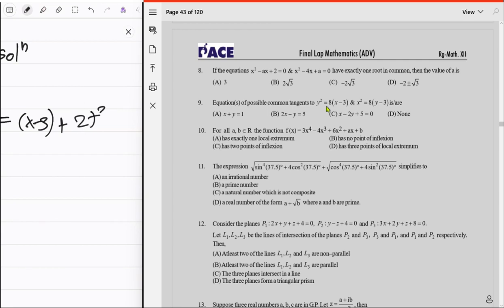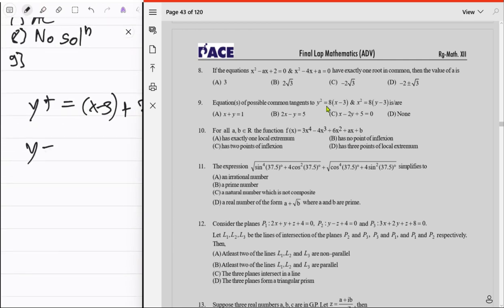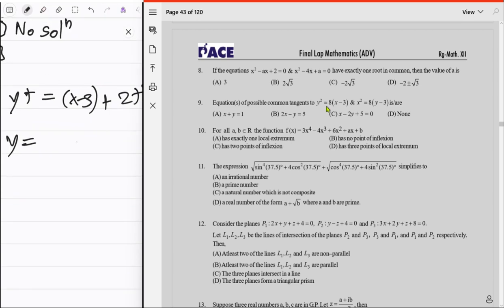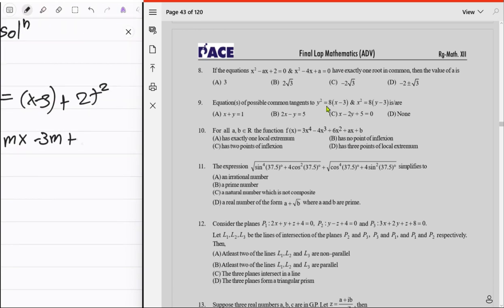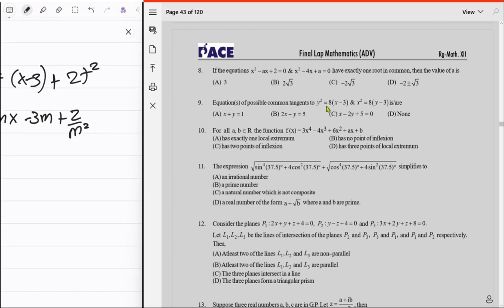So 2t squared, right, or like we can say y is equal to m वो सब आ जाएगा. Okay, so mx minus 3m plus 2 upon m squared, or 2 upon m, just that.